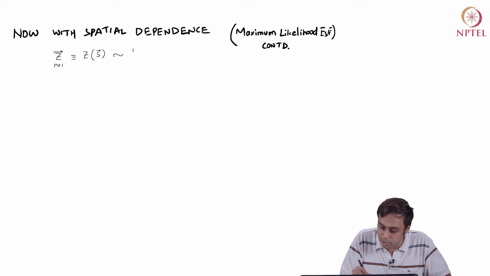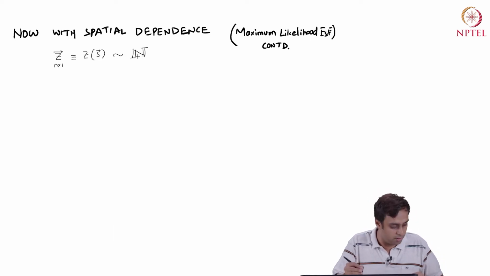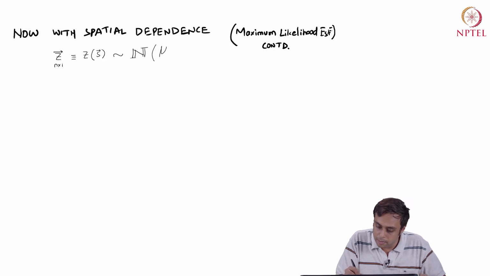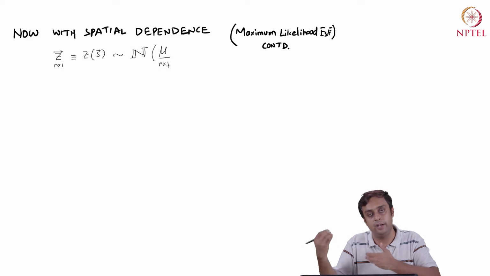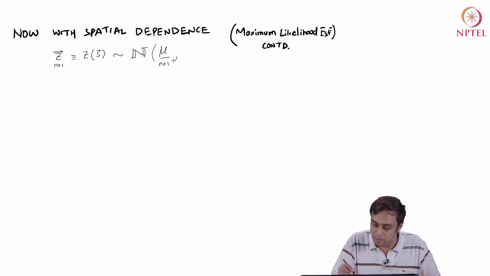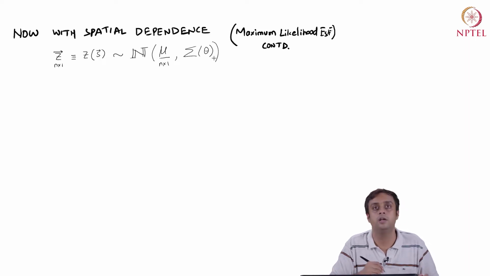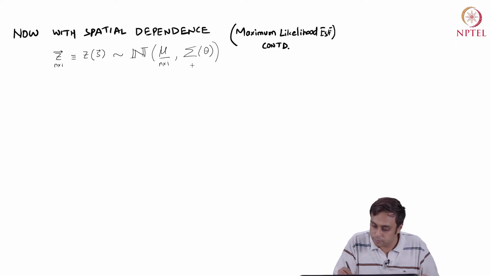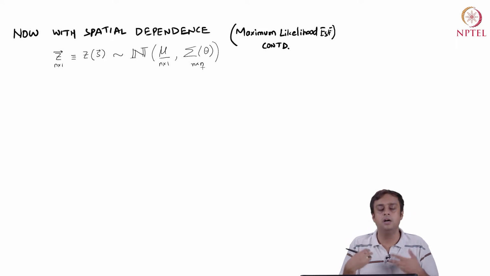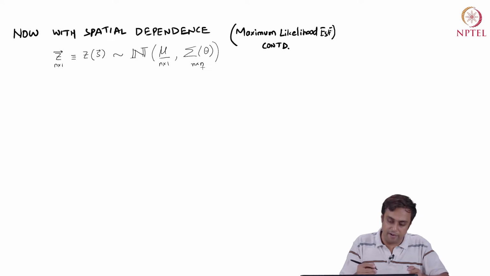This is going to be distributed again as a multivariate normal with mean mu. So, we have the same mean as the spatially independent case, but the variance covariance matrix now is given as sigma with a functional dependence on theta. Obviously, sigma is an n by n matrix.